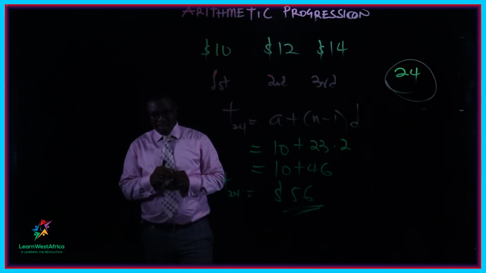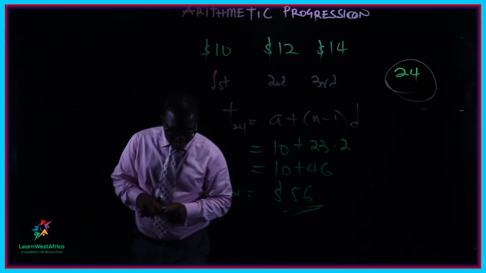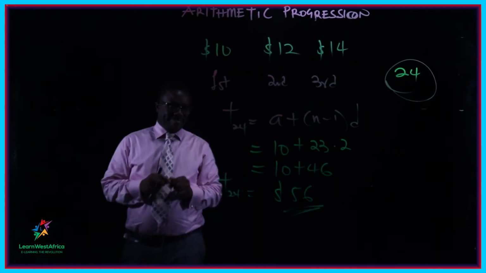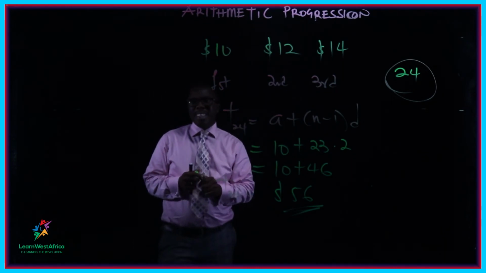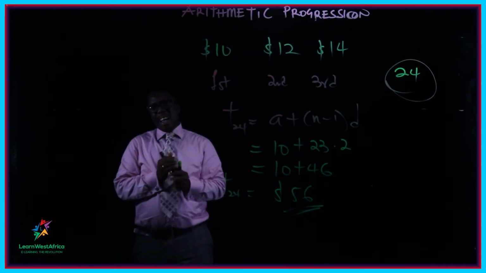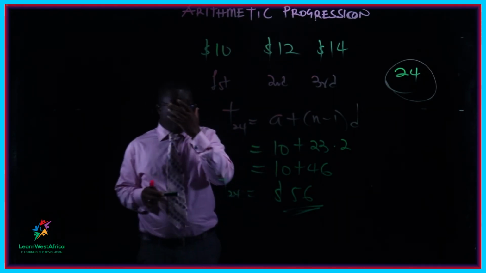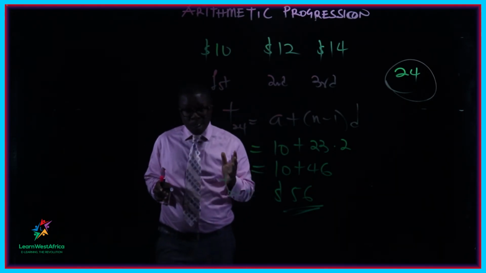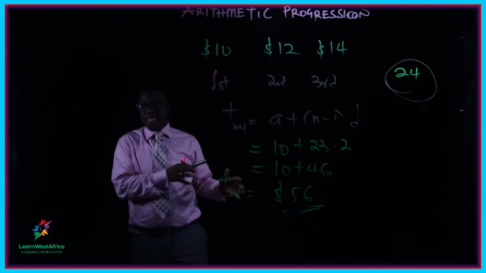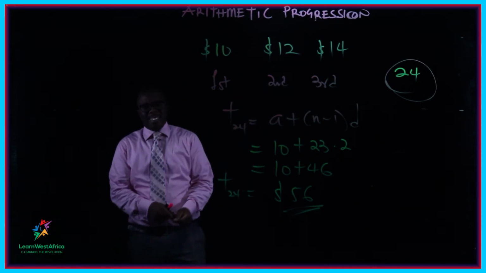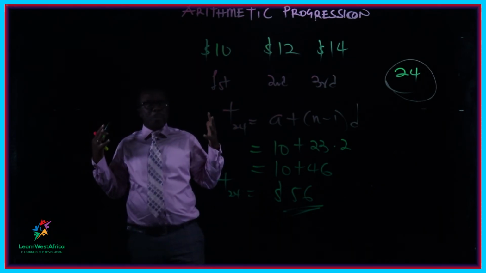Now the question says, second part, how much loan was she given? Can you guess that? The amount of loan that she was given obviously is going to represent the sum of all these 24 payments.